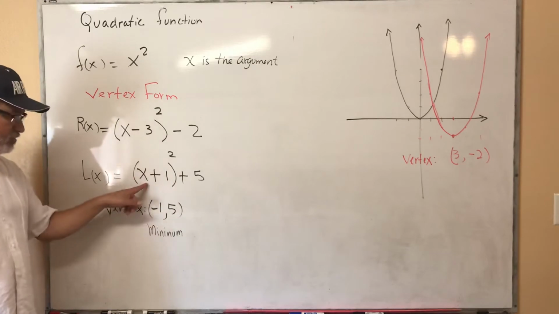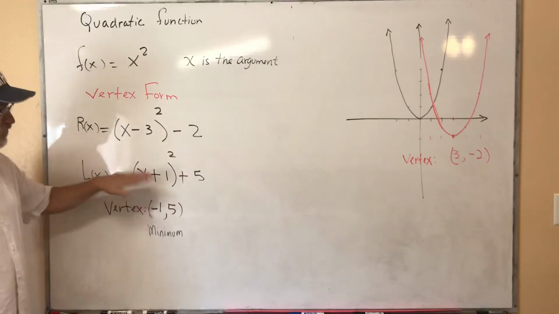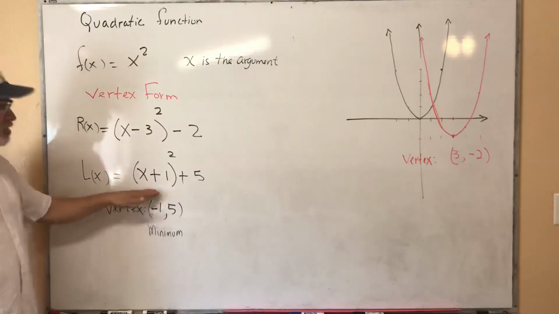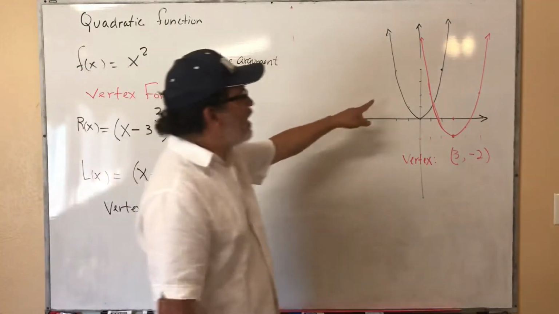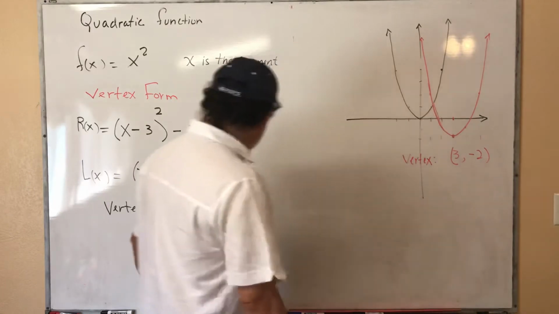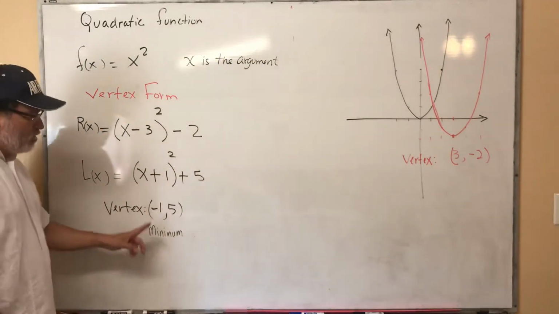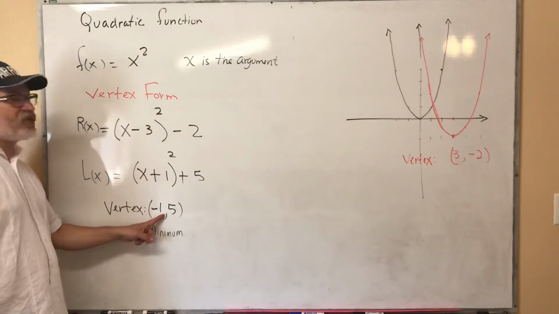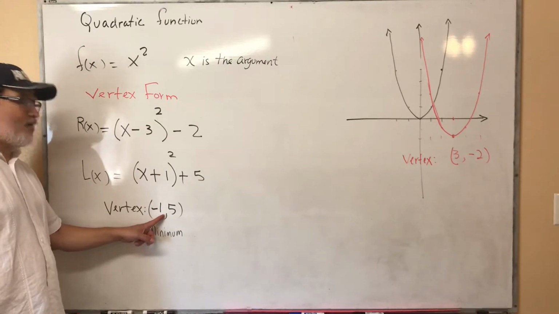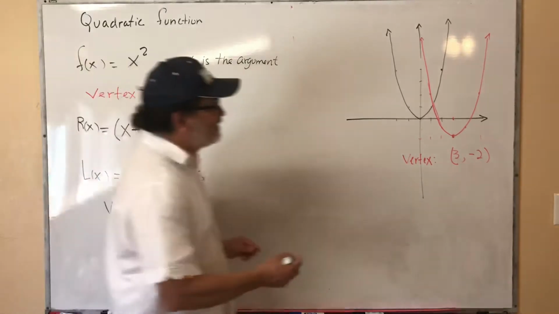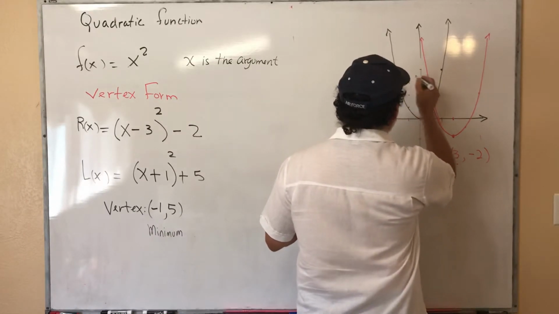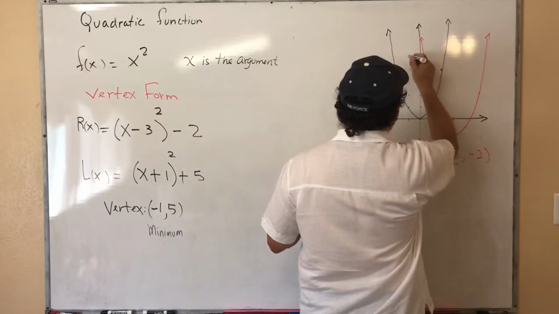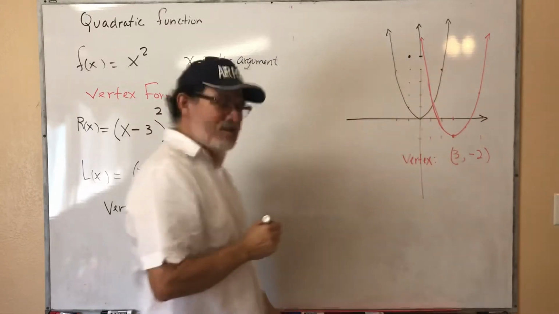Can you graph this? I'll let you graph this one, okay? It's the basic parabola. It behaves exactly like this one, except that it has a new vertex. Go to this vertex, -1, 5: -1, and then 1, 2, 3, 4, and 5, and that's the new vertex.